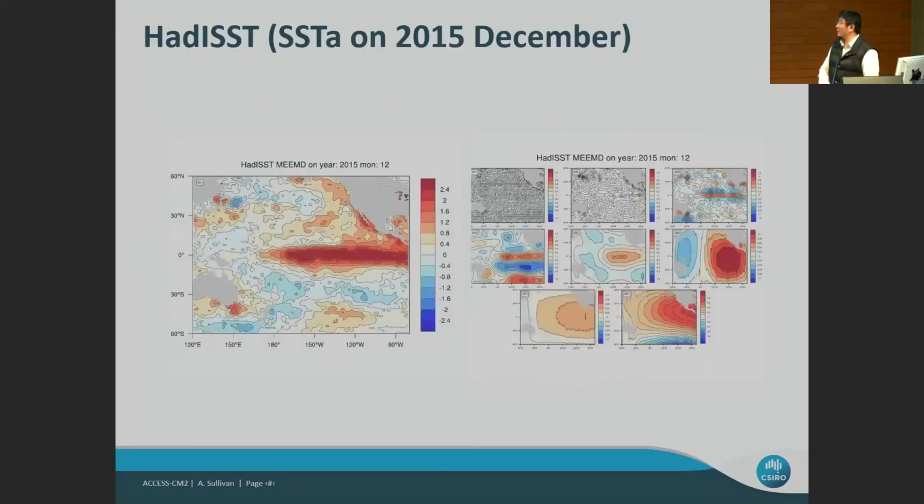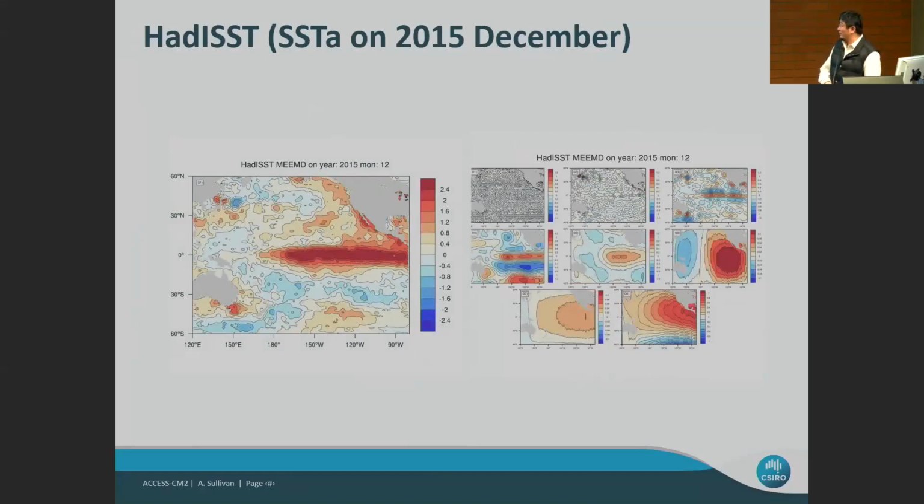Say we have an SST anomaly on December 2015, as we know that's an El Nino year. The left-hand side is just the SST anomaly. We see that almost every time, but what's the message embedded in this 2D signal?